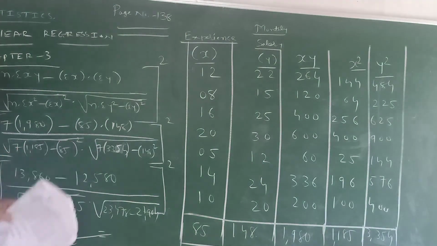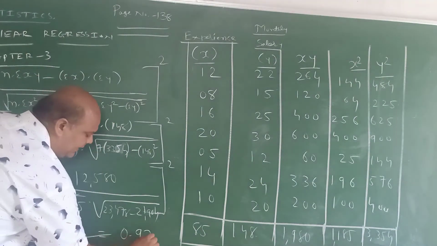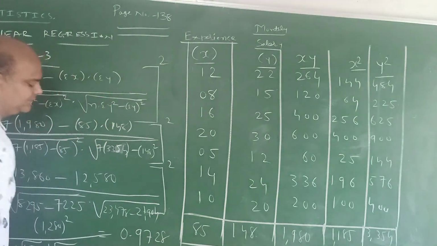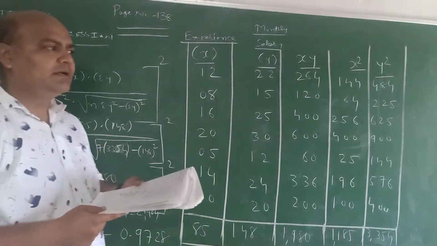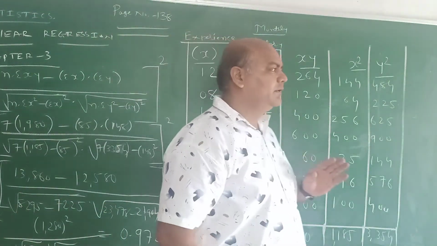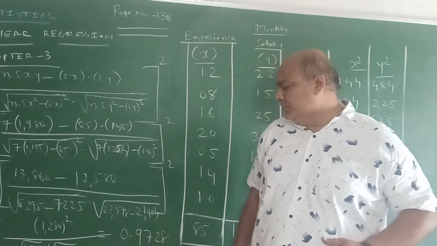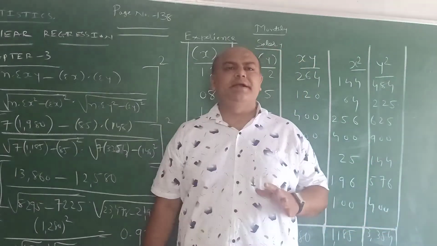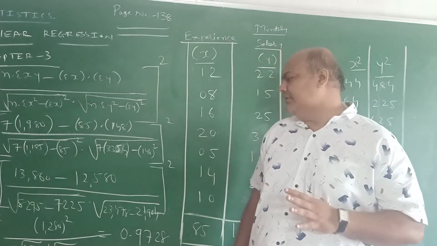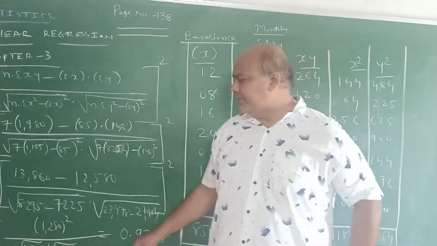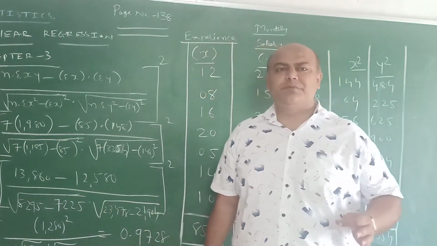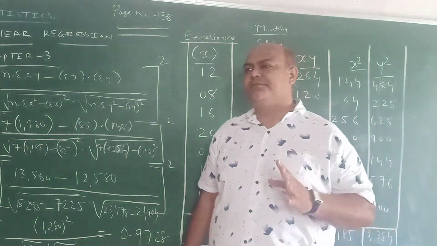The final answer comes 0.972. The important aspect is that here the coefficient of determination, capital R square, is 0.97.